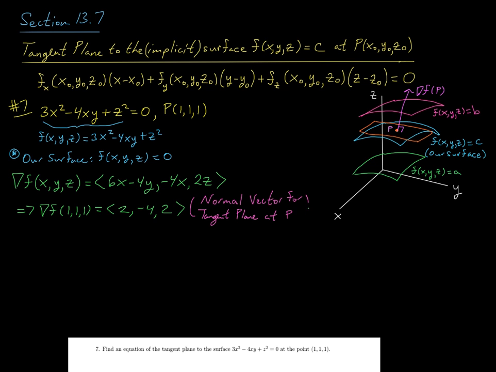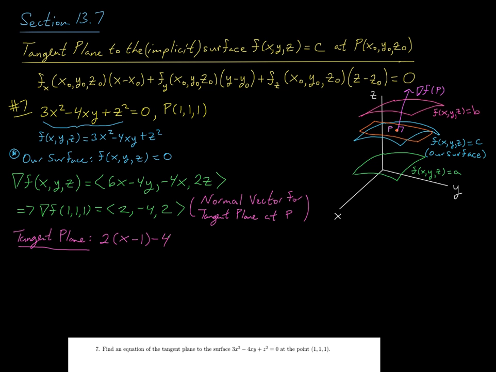So now, to finish, I'll go ahead and write the tangent plane equation right here. I'm going to take the i component of the normal vector, so that'd be 2, times x minus the x coordinate of our point P, which is 1.